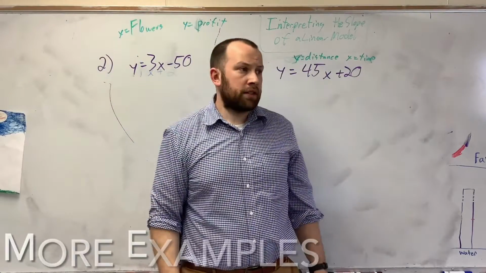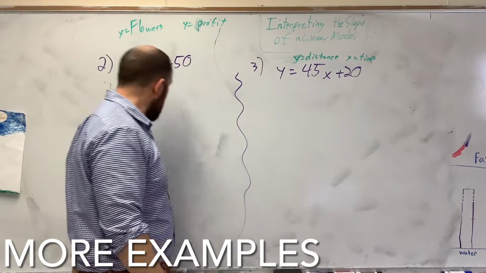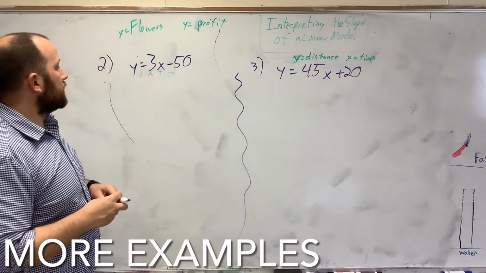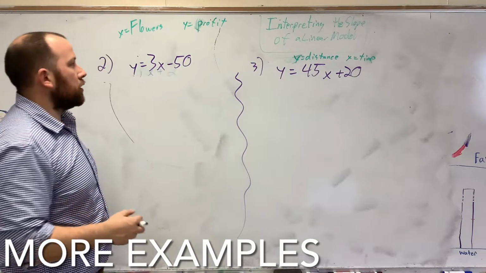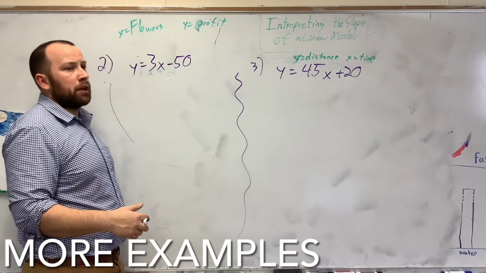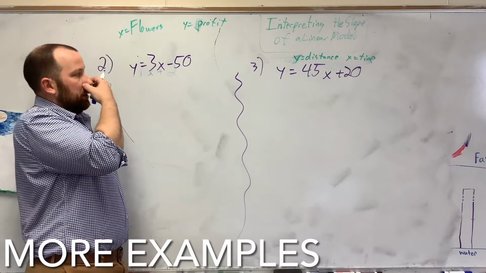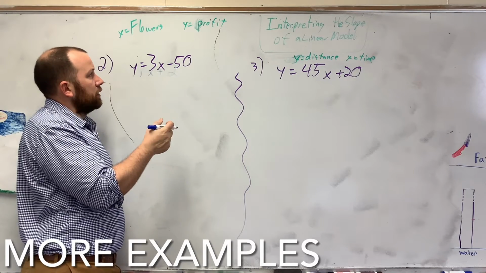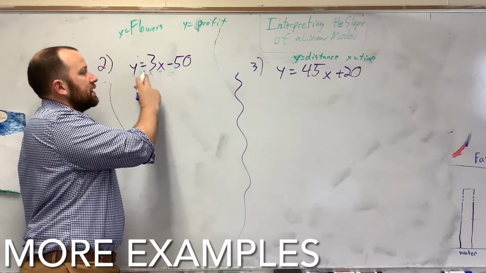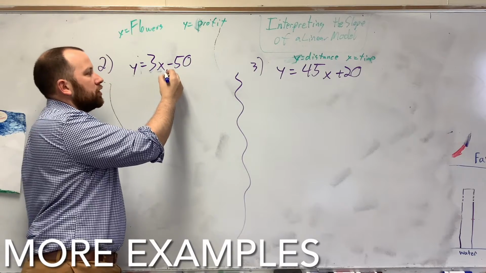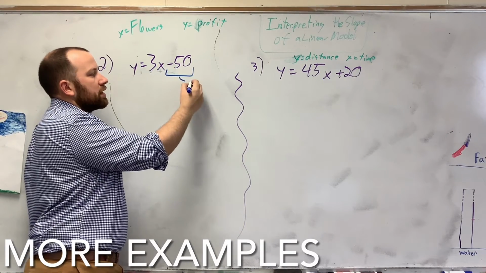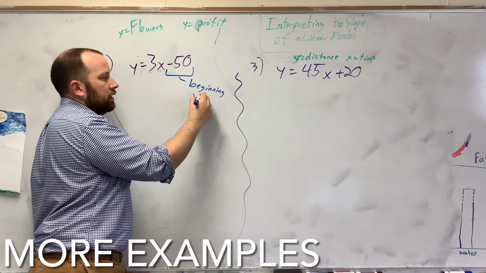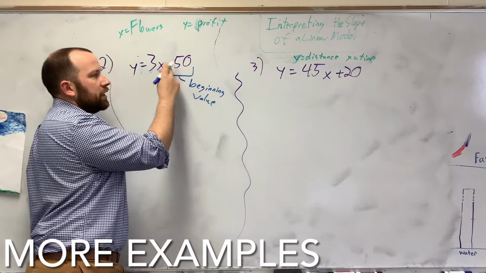All right, here's another example. This time we're talking about flowers and profit. The scenario is on Valentine's Day. I want to know how much profit I make. This is saying I initially, because this is our beginning or start value, initially it's negative 50.